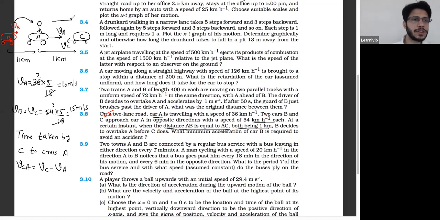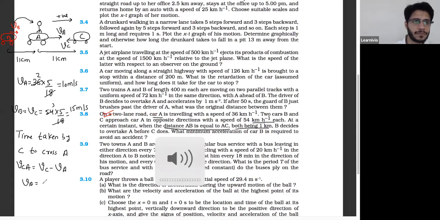For sign convention, I'm taking this direction as positive. So if I'm taking right hand side to be positive, then VA is positive or negative? Negative.